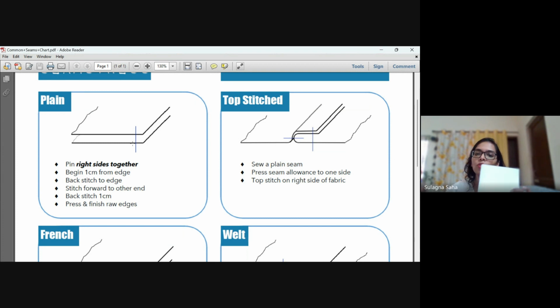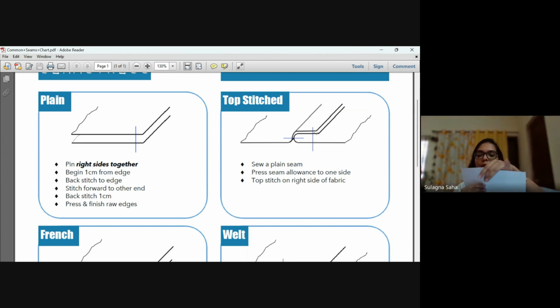A plain seam can also have a top stitch. Okay, how to do that? This is the second one, a top stitch plain seam. What we are going to do is make the plain seam and open it up. Let's say you have stitched it here and you open it up.